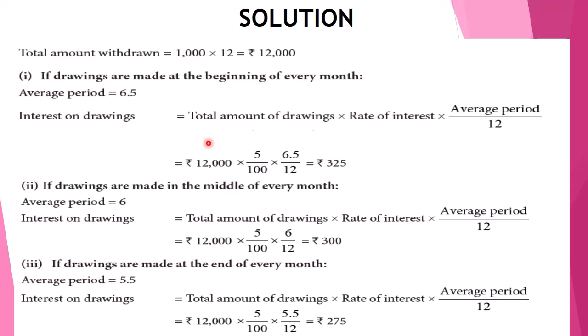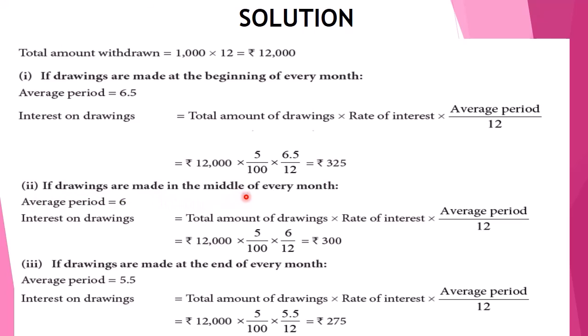Interest on drawings is equal to total amount of drawings into rate of interest into average period by 12. So it is 12,000 into 5 by 100 into 6.5 divided by 12. When you do the calculation, you will get an amount of 325 rupees.